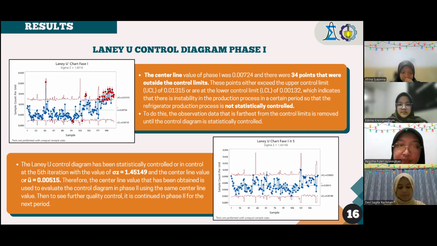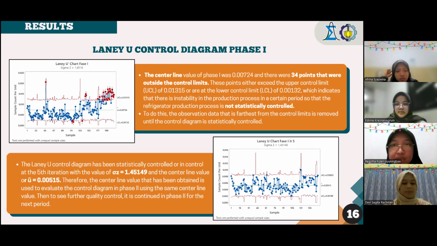The center line value that has been obtained is used to evaluate the control diagram in phase 2 using the same center line value. Then, to see further quality control, it is continued in phase 2 for the next period.